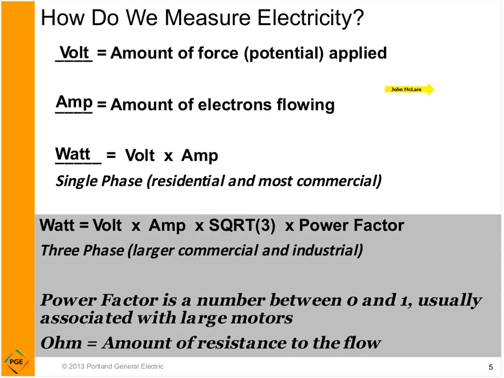You may see kVARs, kVAR. You may see reactive loads. Again, this would be a more advanced class on power for very large industrial customers. And finally, you might hear the term the ohm. The ohm deals with the resistance to the flow of energy, and it's not on your bill.